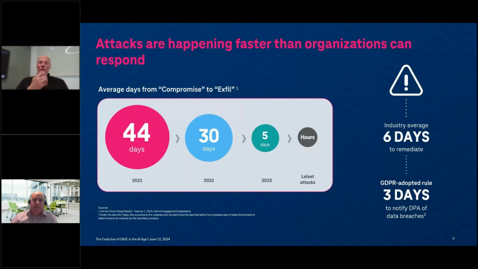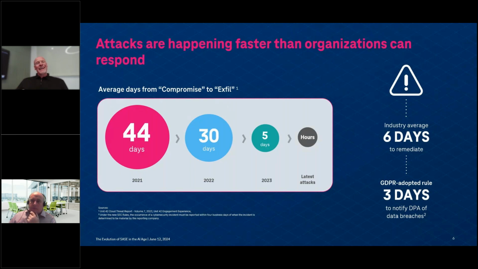As you can see from the graphic, back in 2021 the average was 44 days from initial compromise to exfiltration of data, that is, how long it took the hackers to get the data out. We've talked about this a couple of times so far. That time is now reduced to a matter of hours with increased automation using AI.